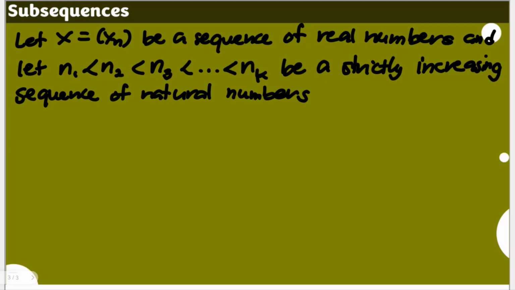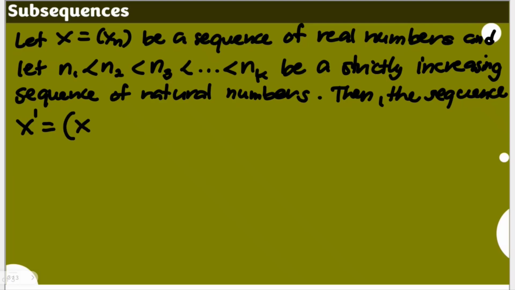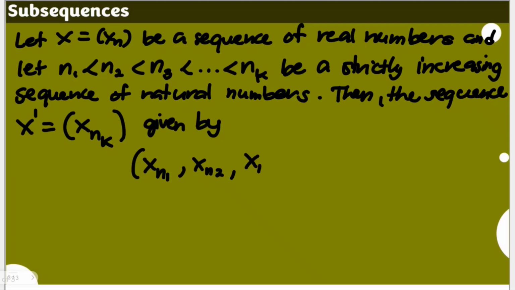and we can now say then the sequence x prime, which is a sequence of certain x sub n using our selected natural numbers, given by x n sub 1, x n sub 2, x n sub 3 until x n sub k, and so on and so forth.